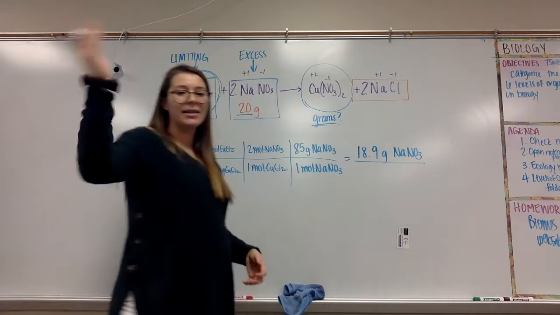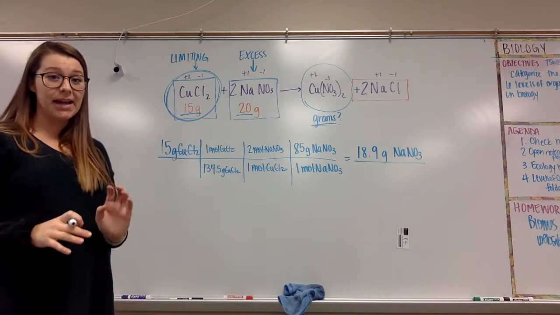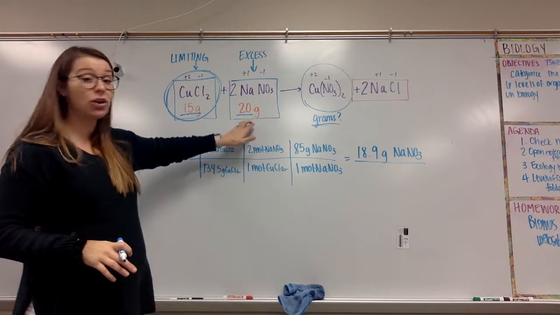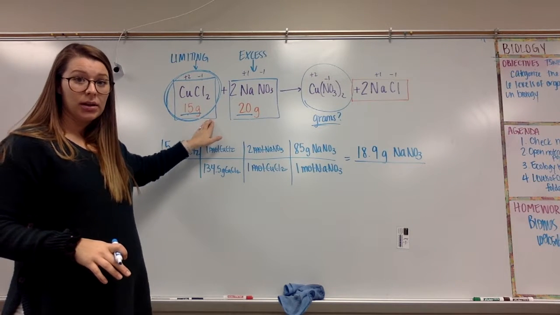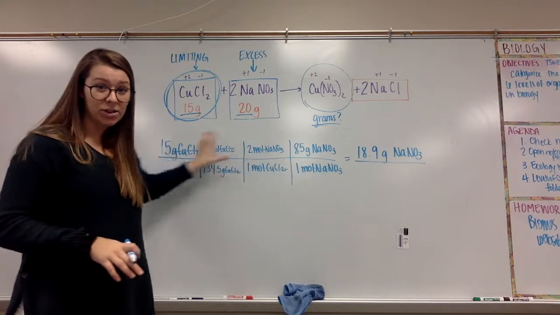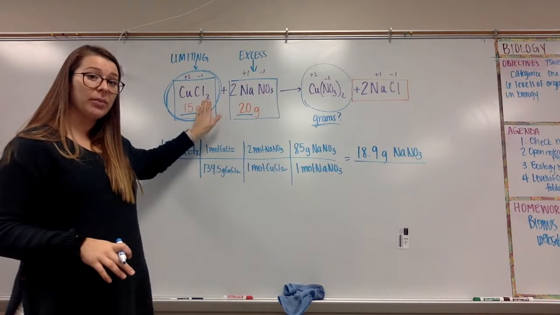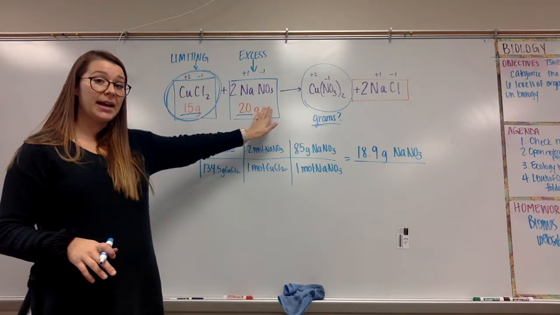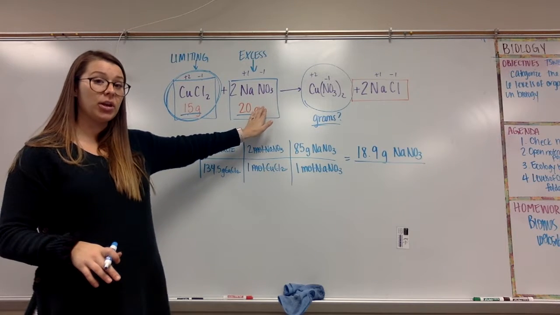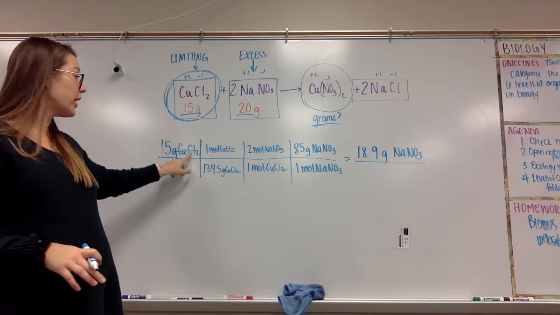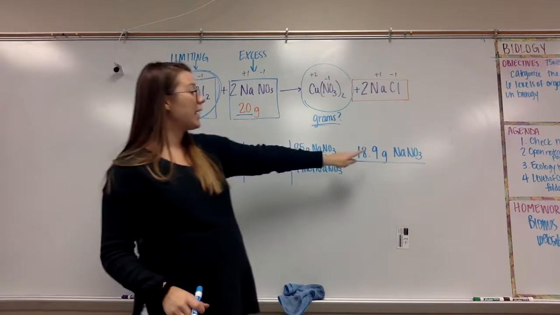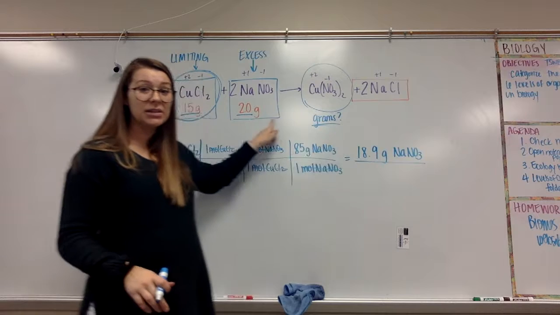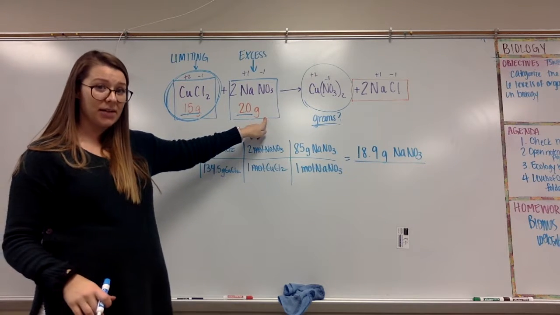So let's go back and think about what this question is asking. It's asking how much of this am I going to have left over once I use all of this up? This work, what I just did, was converting my limiting reactant amount to my excess and seeing how much I'm going to use. So with 15 grams of my limiting reactant, I am going to use up 18.9 grams of my excess reactant.